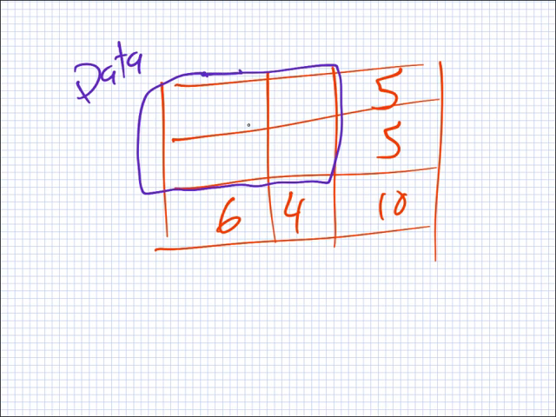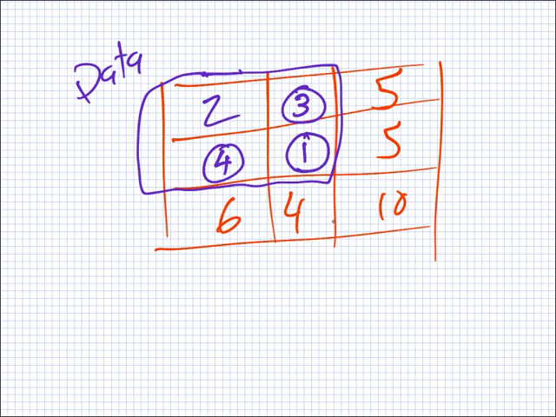So, in this example here, let's suppose I give you the first number. I say it's 2. Then you automatically know this number. It has to be 3. And you automatically know this number. It has to be 4. And you automatically know this number. It has to be 1.